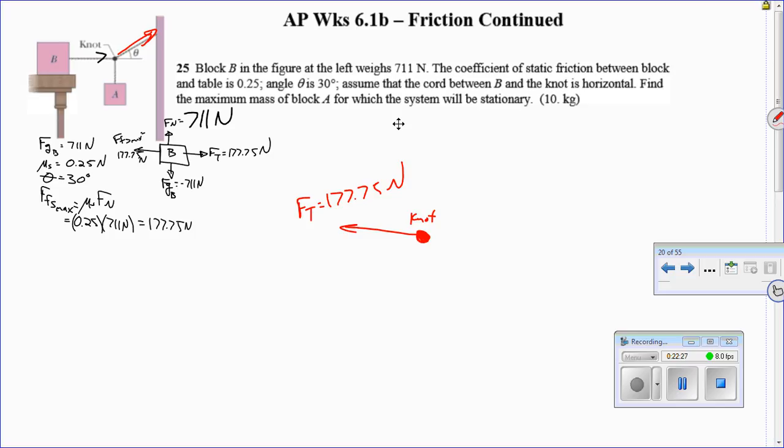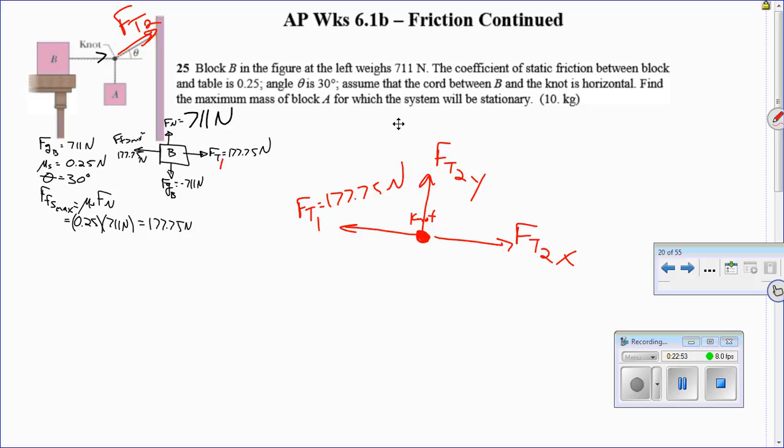We can't call it tension because we've already used that. Let's call it FT2, and call this FT1. So that FT2 has two components. It's pulling horizontally, and it's pulling vertically, right?